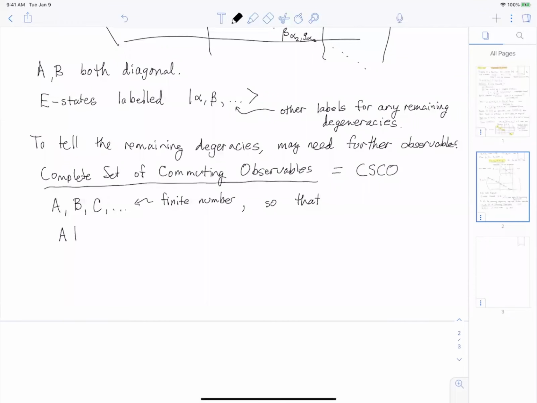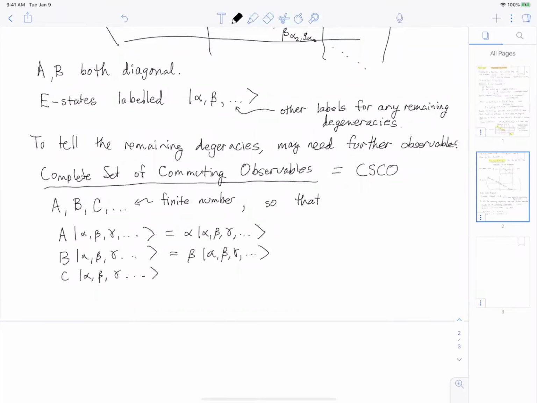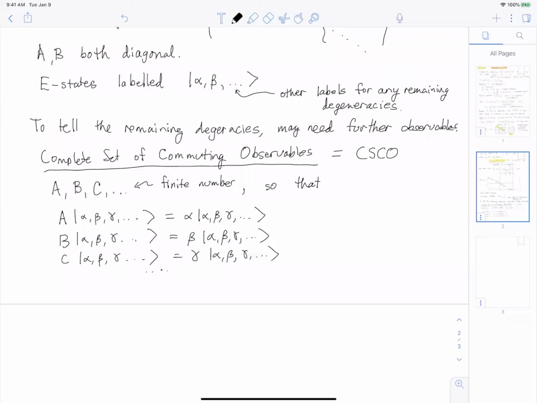But anyway, they're chosen so that A acting on eigenkets alpha, beta, gamma, these states are named so that they have A eigenvalue alpha, and they have B eigenvalue beta, and C eigenvalue gamma. And you just keep going like that for however many there are. But again, in every case we will deal with, it's a finite number.